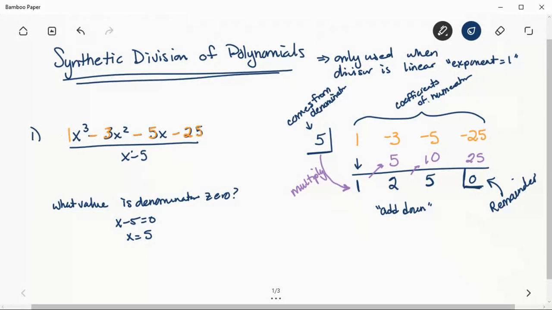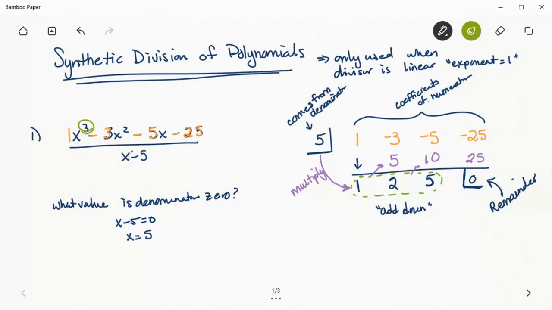These values of 1, 2, and 5, right here, represent the coefficients for our quotient. We started off with our original at x cubed. So when we divide by a linear value, we're actually going to bring down that power or degree to 2.